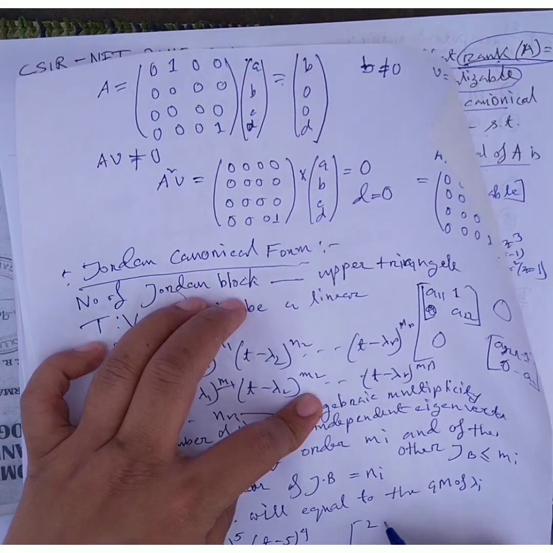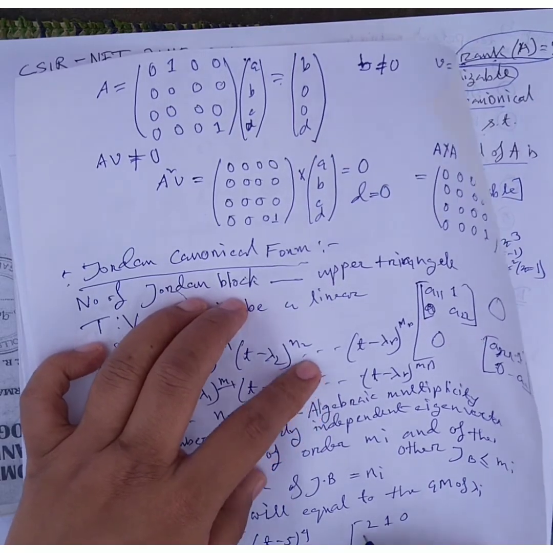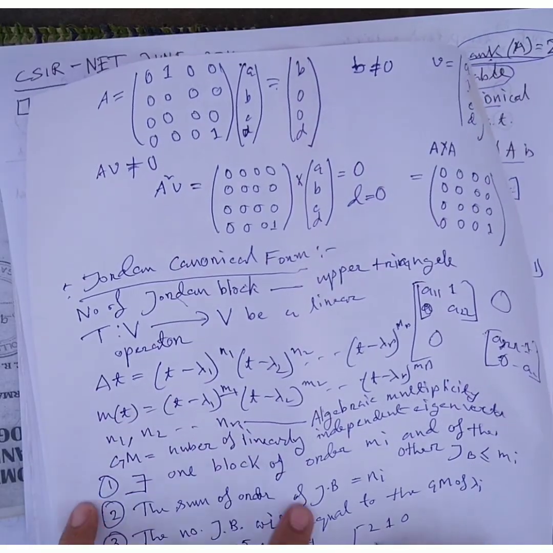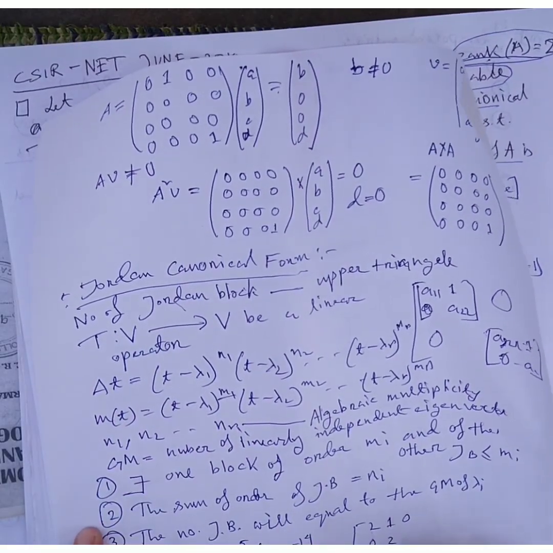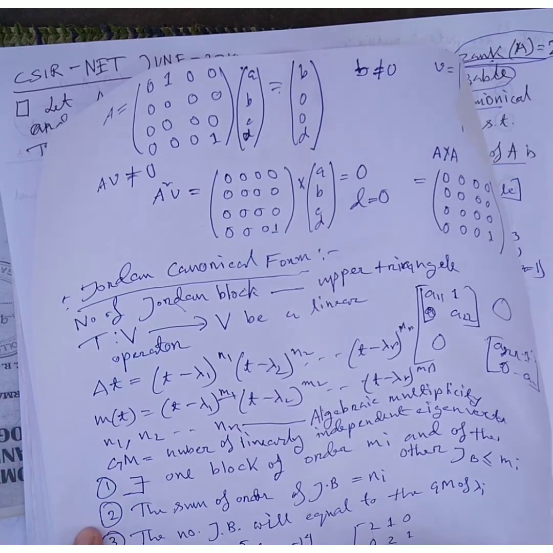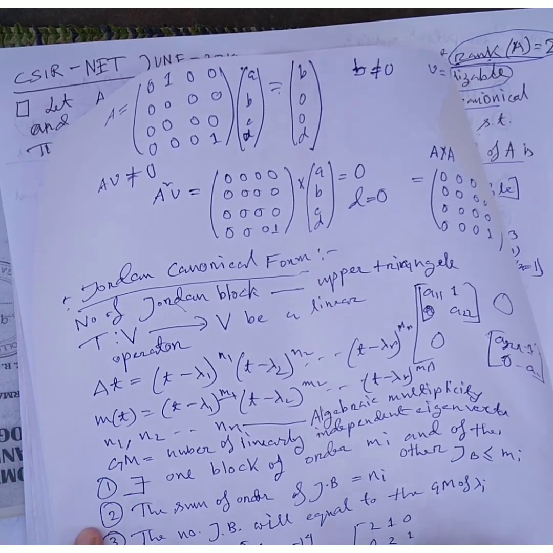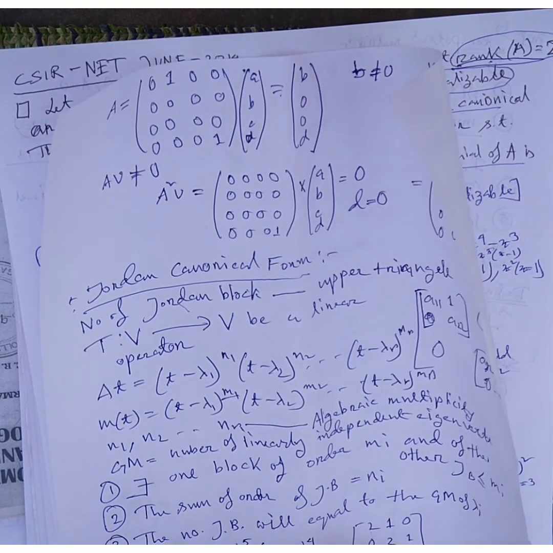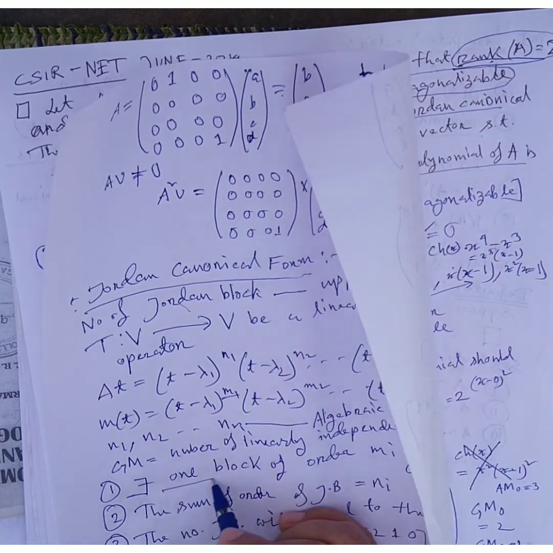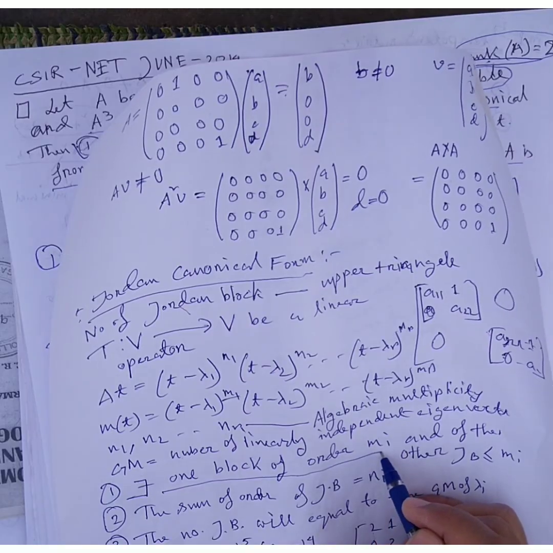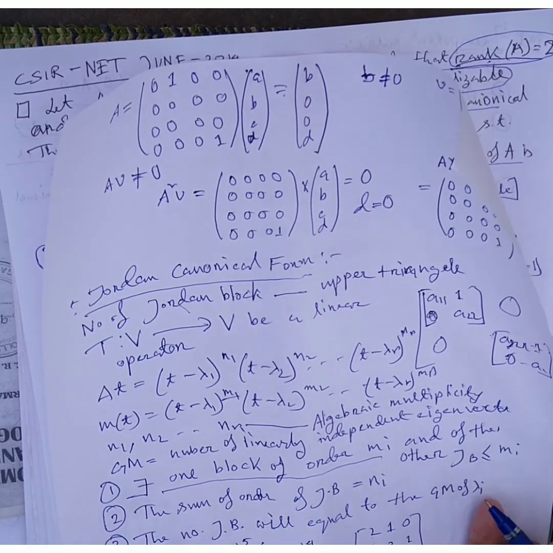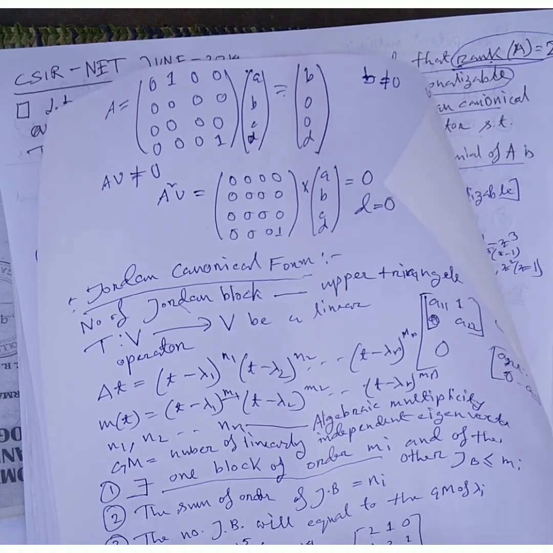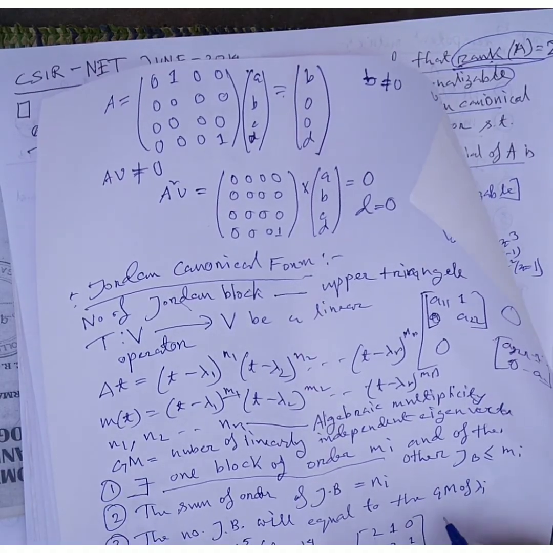Then we get 2 1 0, 0 2 1, 0 0 2. This is a 3 cross 3 block. It must be, because according to the question, one block should be of order mi and the others should be less than or equal to mi.